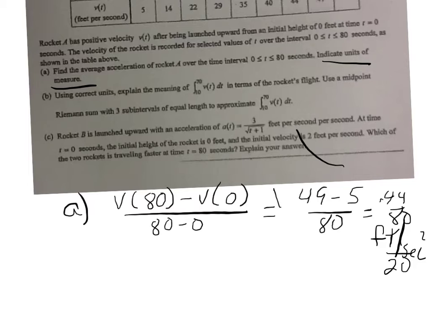Hang on, I picked up the wrong one. It was acceleration because you're finding the velocity on top and then time on bottom, so it's velocity over time. This one was only worth 1 point, but then at the bottom there's a point for having the correct units of measure.